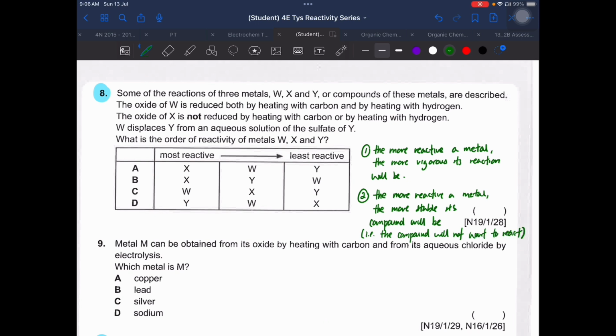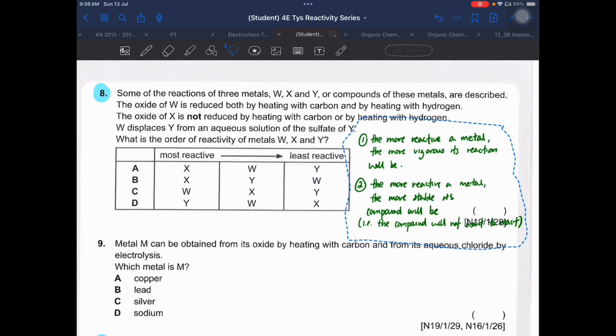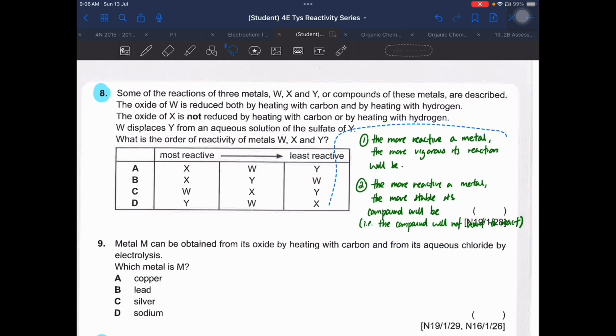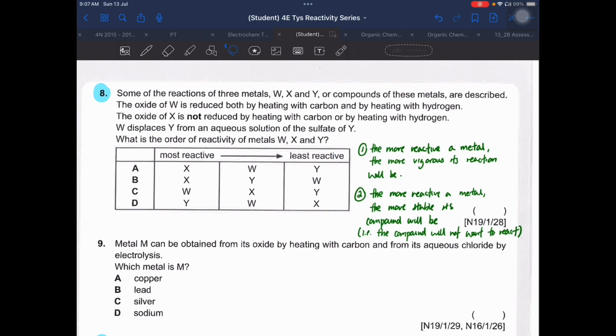Now, take a time to really look at these two statements, copy this down, try to remember what it means, because what they're trying to tell you is that if you just look at the matter by itself and it's very, very reactive, it just means that the reaction will be very, very intense. And that is what all students will remember, statement 1.